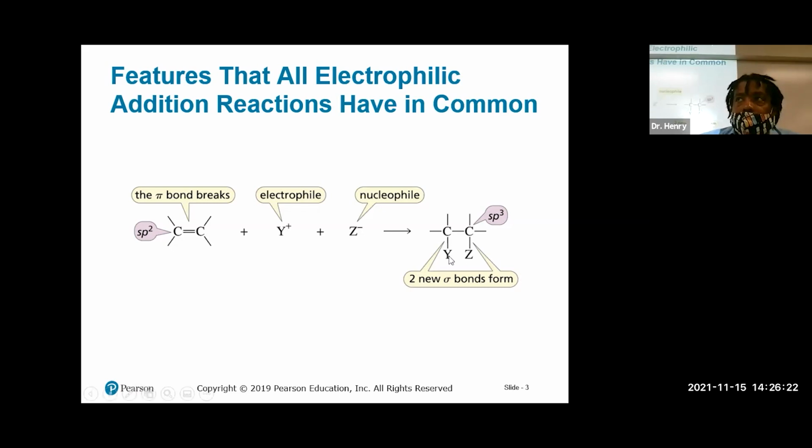So you're going to end up with your Y and your Z being formed here. This is a generic form of that equation, so don't get bogged down by hydrogen bromide, because it could happen with hydrogen iodide. It also could happen with hydrogen chloride or fluoride. So it can happen in all those circumstances.